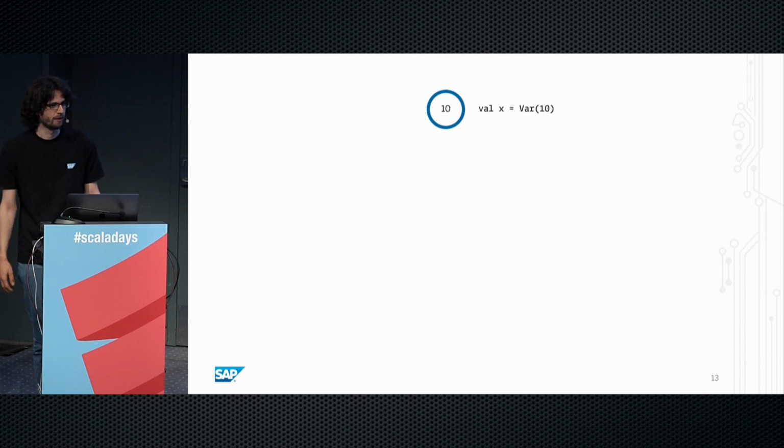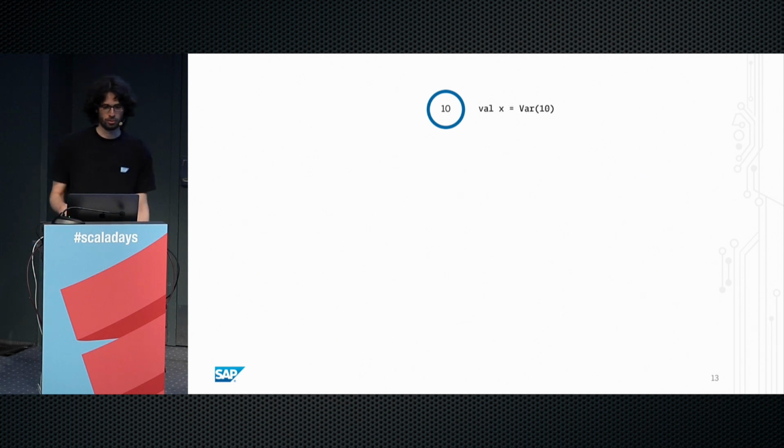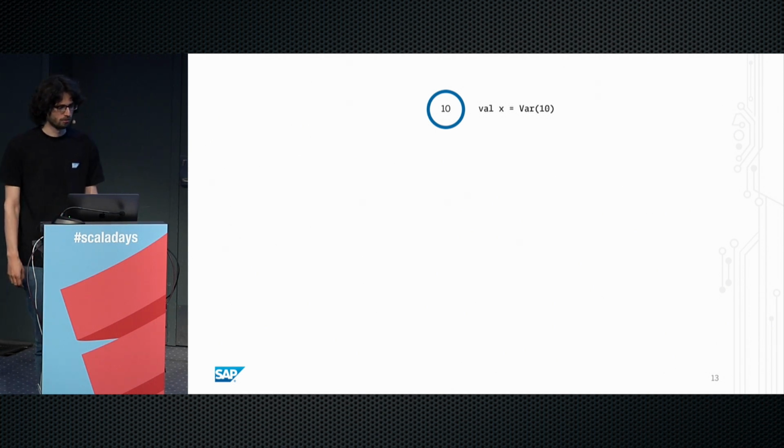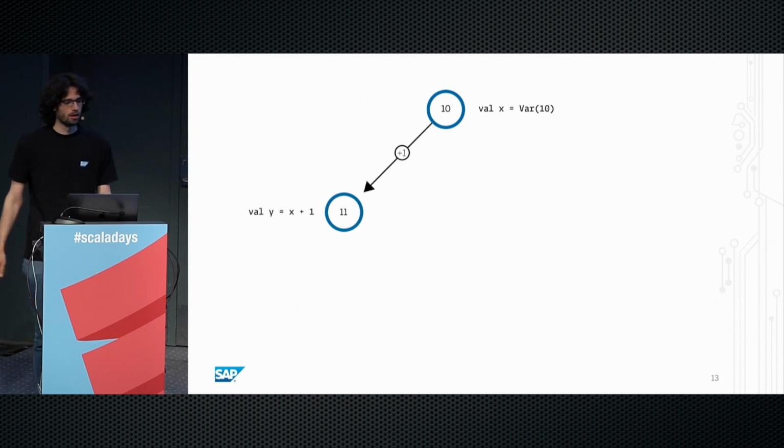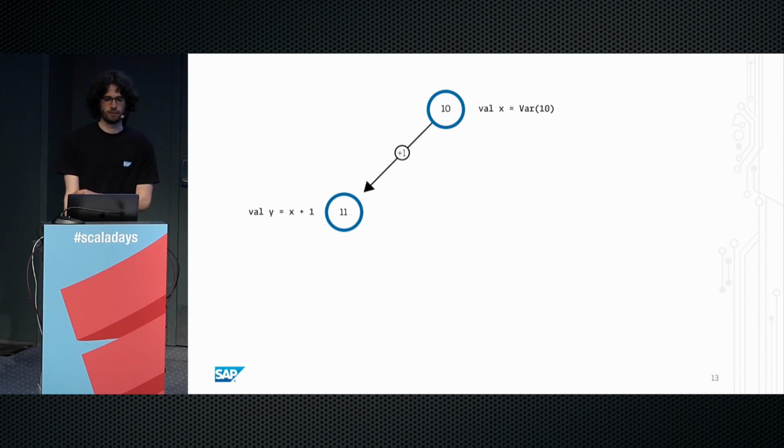So then you may have some other value in the program you want to compute out of this value. As an example, let's take an addition of 1. When you would have written var x equals 10 there, then what you would write there, of course, is y is x plus 1. So nothing fancy.